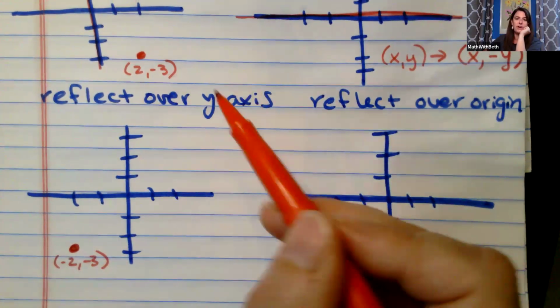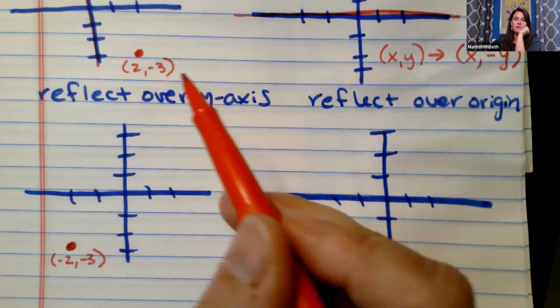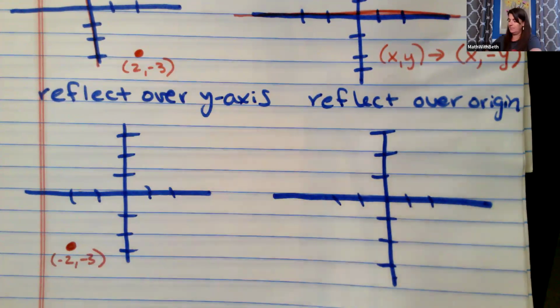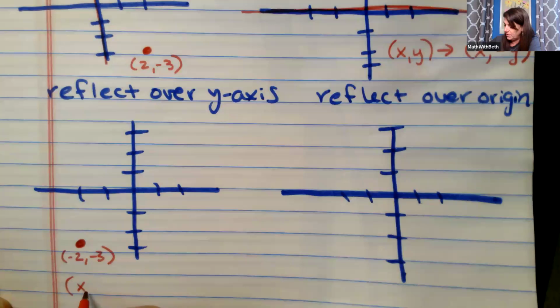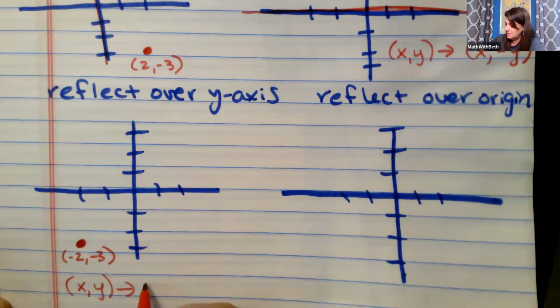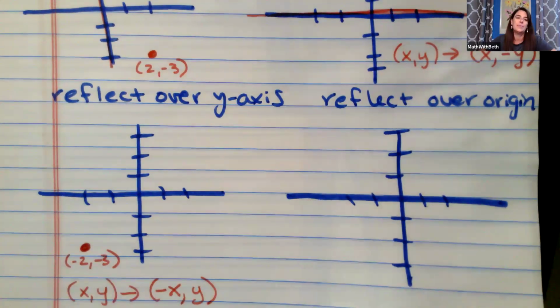So this time, what has changed? The 2 became -2, the -3 stayed the same. So if I wanted to write it as a rule, when you flip over the y-axis, you basically make the x the opposite of what it was before. But the y should stay the same.